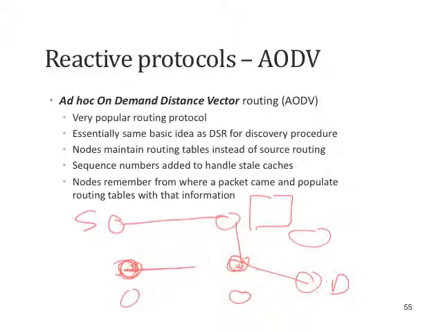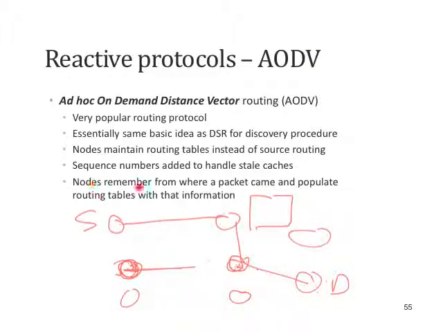I will not update my route in the table, and I will stop the process up to this point. But if the sequence number tells it that this route is fresher, then this node will accept it and will put it in the table in that case. So this sequence number measures the freshness of the route. Okay.